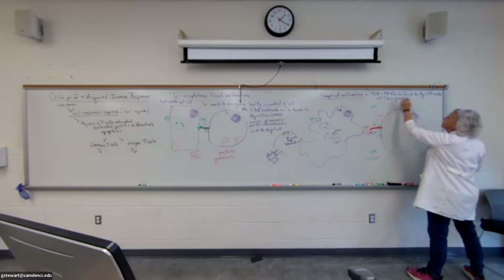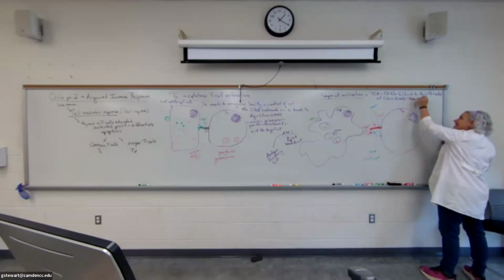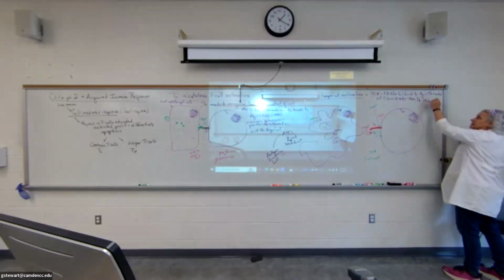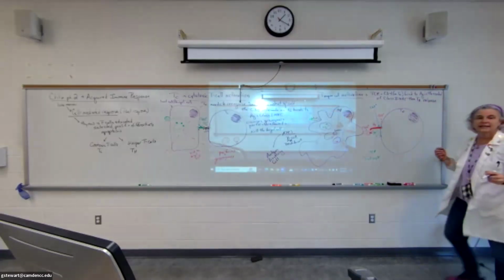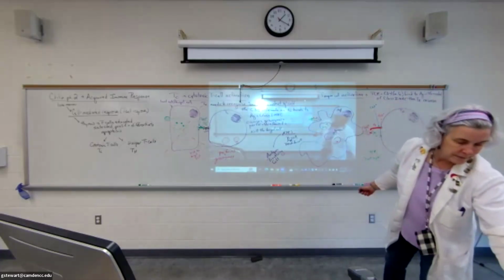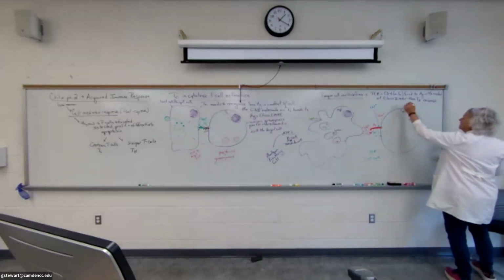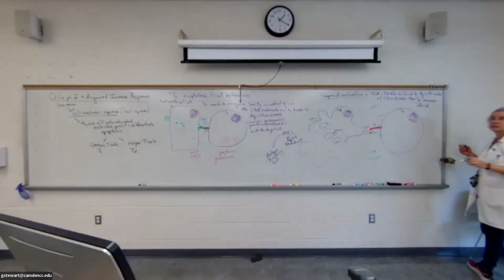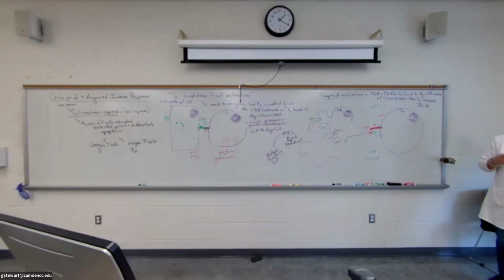When this happens, that helper cell is going to release many cytokines. We're going to focus on interleukin 2. If this is a T helper cell type 2, it's going to release a little bit of interleukin 2 and a lot more interleukin 4 and 5.